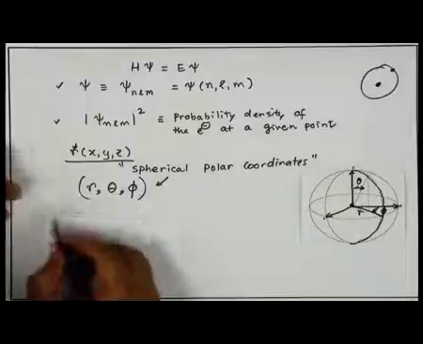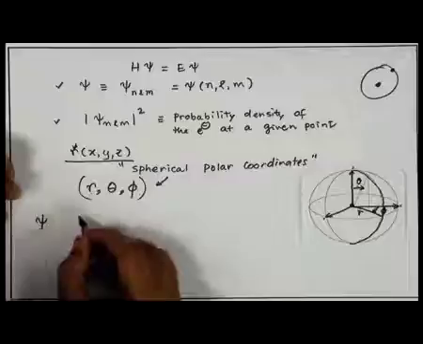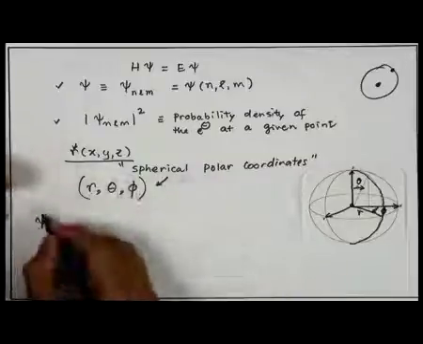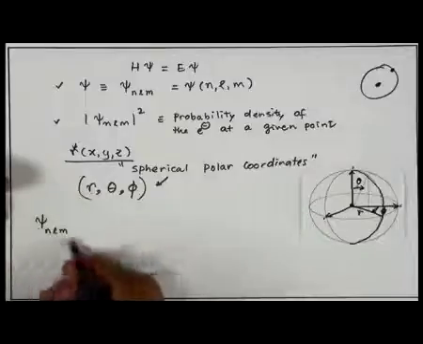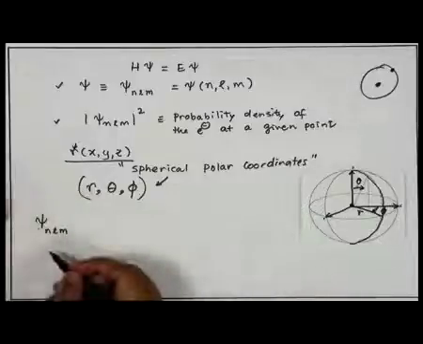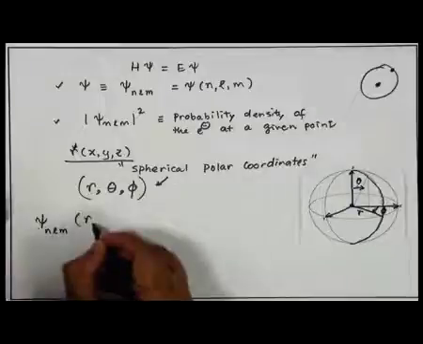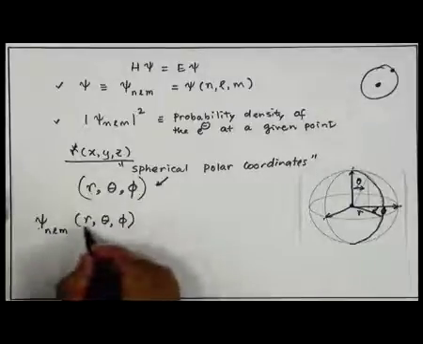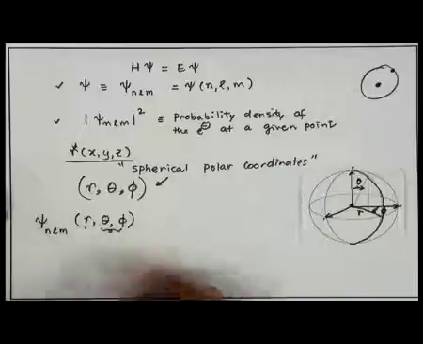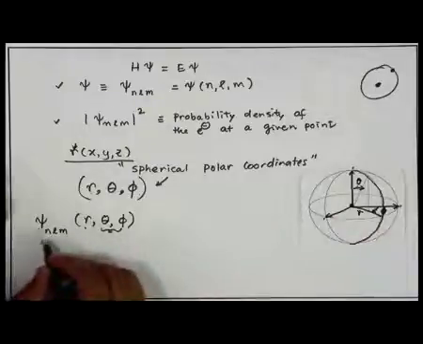Since the wave function contains information about the electron's position, this wave function, which requires n, l, m to be uniquely identified, is a function of r, theta and phi. This is the radial coordinate, and these two are angles.